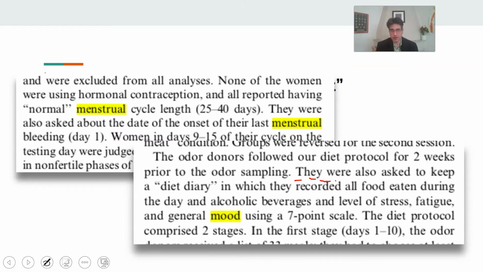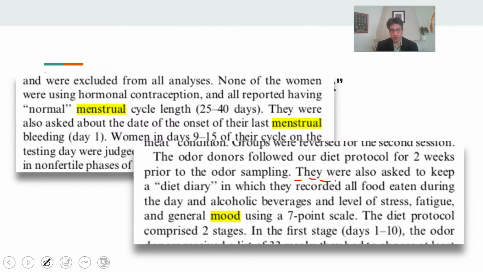Now, another point to be made here is that I'm giving the authors a lot of credit about the introduction and the method section for being very good about transparency. However, what I don't know is the extent to which the review process also had a hand in this transparency, because it could be that these points, and the detail with which they're being mentioned, were improved upon or included after a review process, in which maybe the reviewer said, "Hey, you guys haven't talked about what sort of scale you used to measure mood, or how you controlled for what food and beverages the participants were consuming."